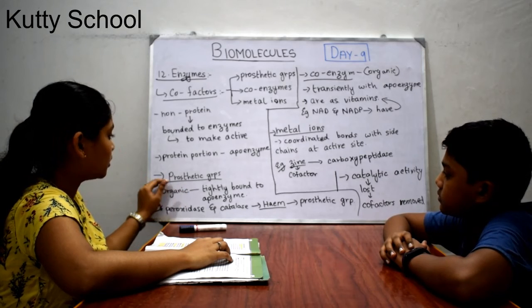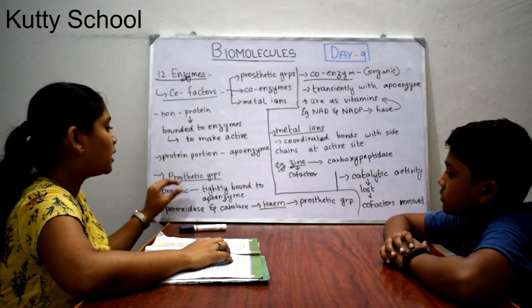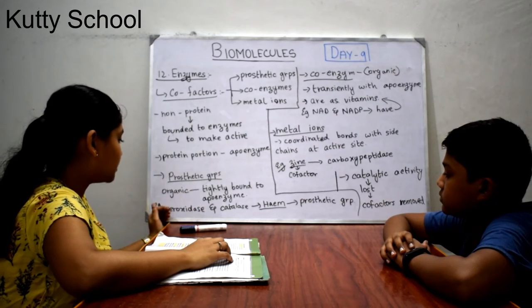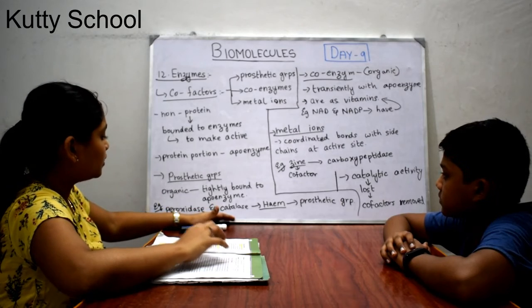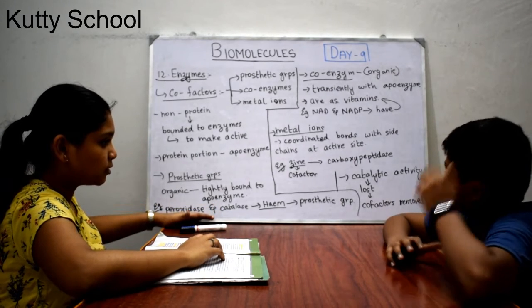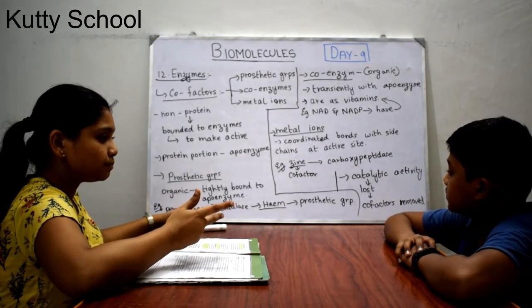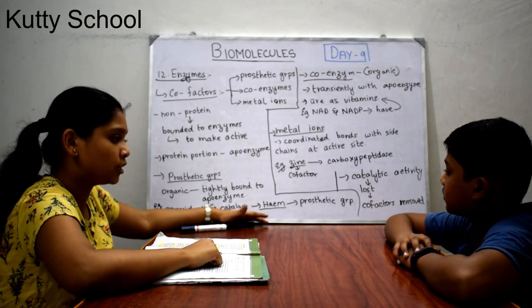They are a kind of cofactor which is tightly bound to the apoenzyme and increases its potential. For example, peroxidase and catalase. Both catalyze the breakdown of hydrogen peroxide into water and oxygen. Here heme is used as the prosthetic group.